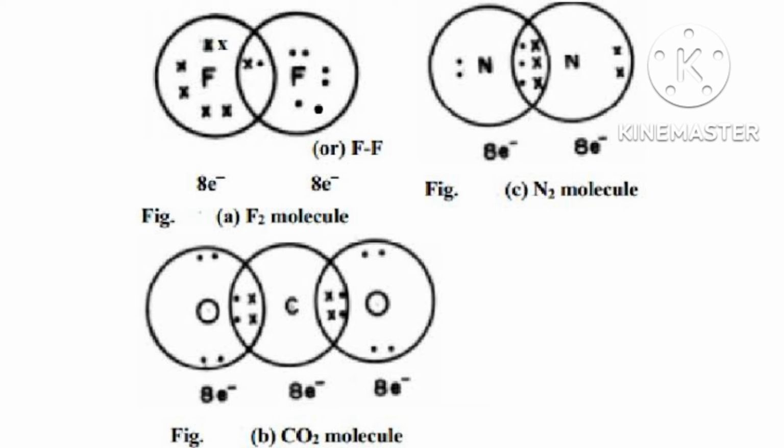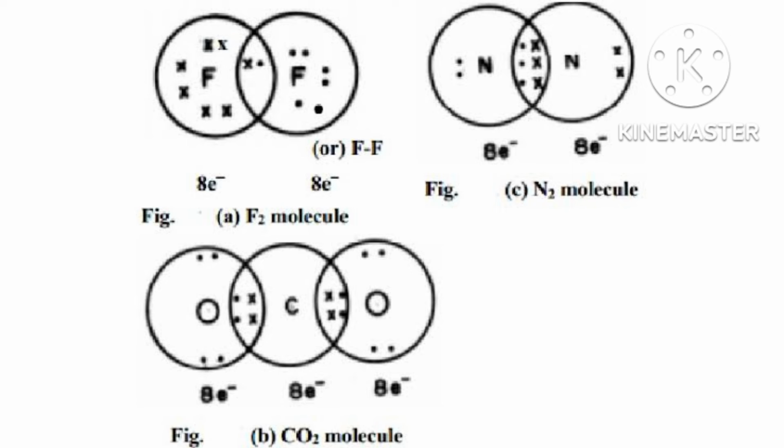The negative and positive ions thus formed attain noble gas electronic configuration. The noble gases, with the exception of helium, which has a duplet, all have a particularly stable outer shell configuration of 8. 8 means octet, and it is represented like ns2 np6.